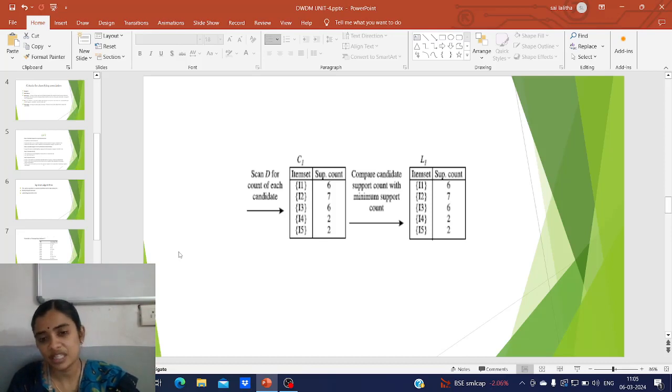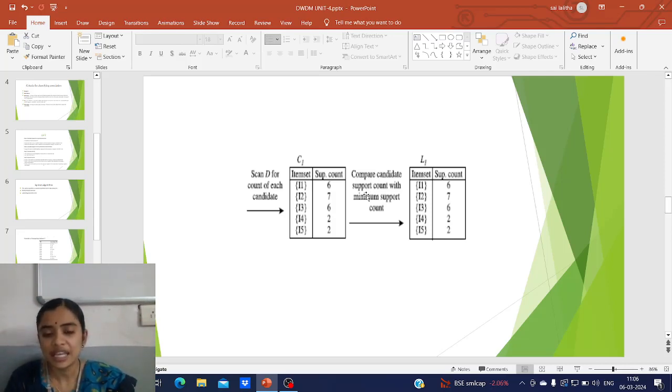Second, before calculating the frequent item set, here L1 is the frequent item set. You have to put some items in the frequent item set. So first you have to compare each individual item's support count with the minimum support count. In this example, we fix the minimum support count as greater than or equal to 2.